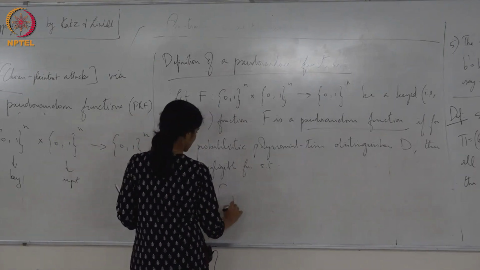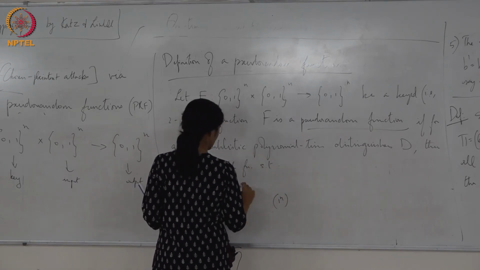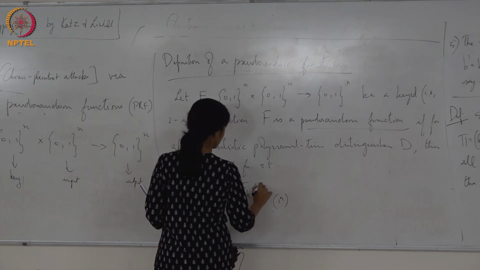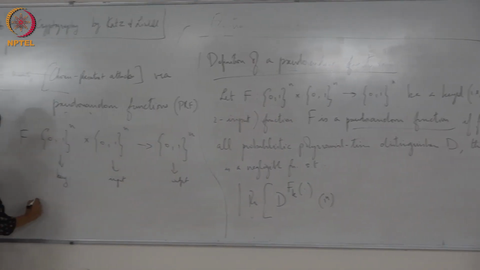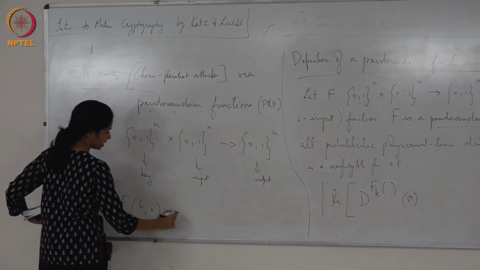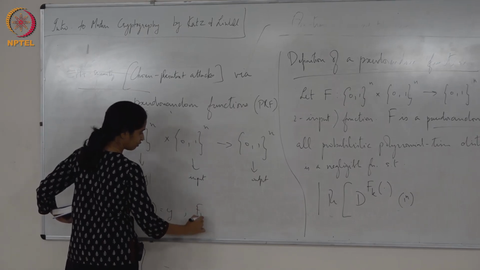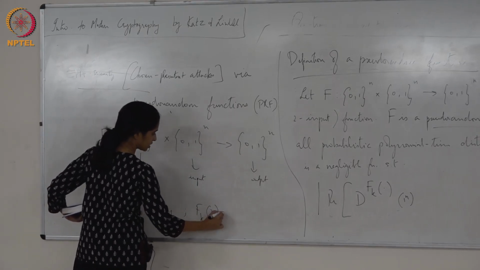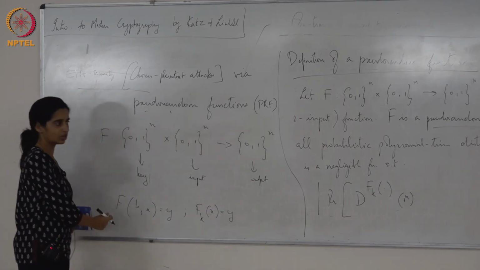the probability that D on input the security parameter with oracle access to Fk, so you can imagine this to be computing f of k comma x as y. Alternatively, we will also write this as Fk of x equals y. So we subscript by k to indicate f of k comma x. Okay?